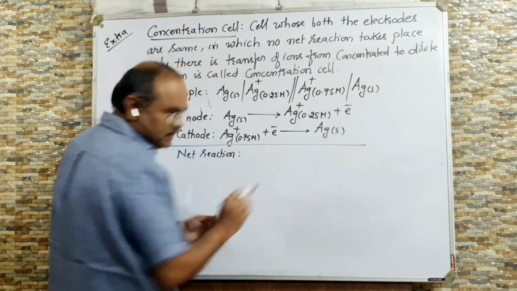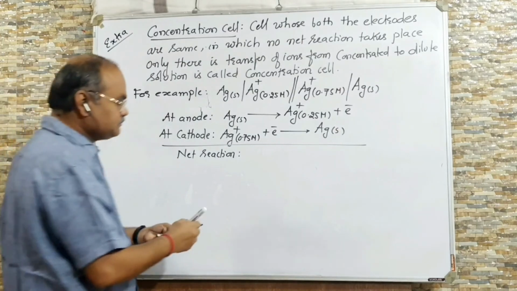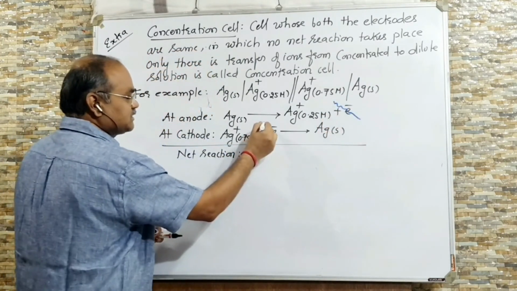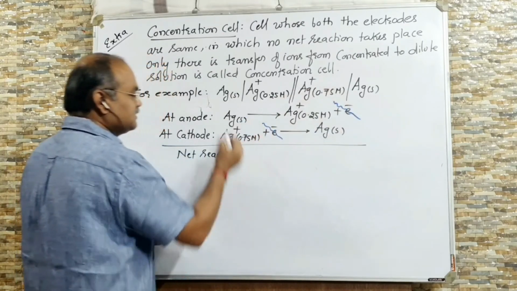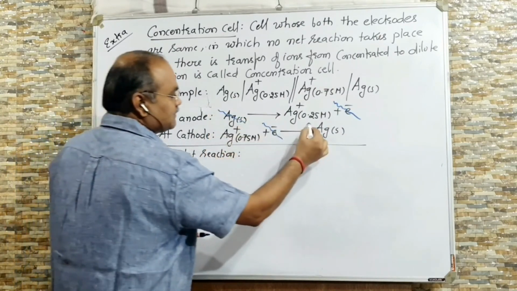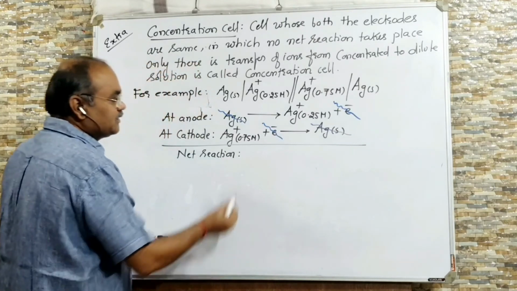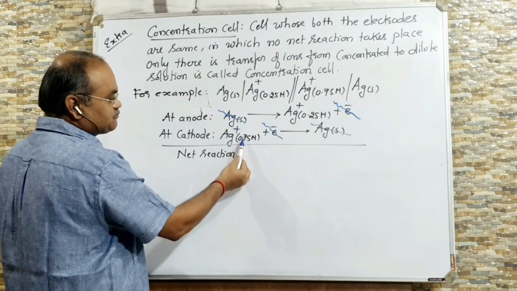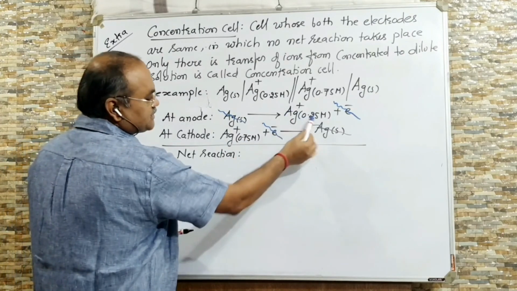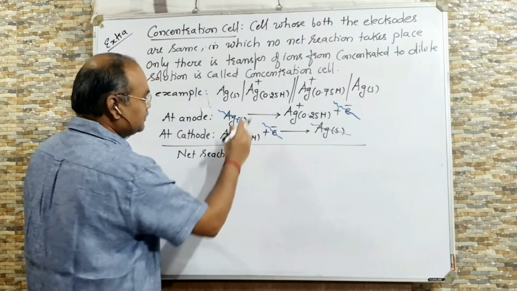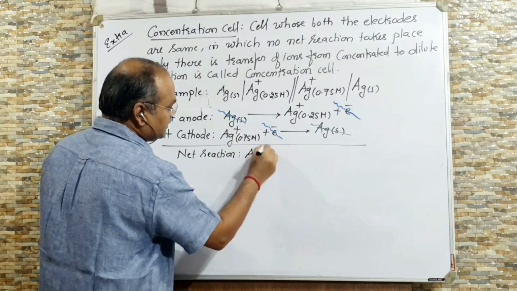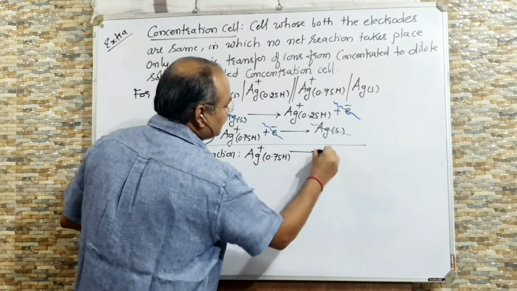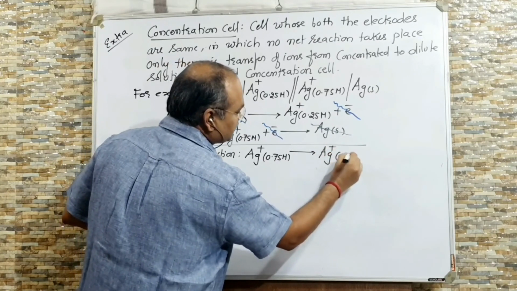See, electron is cancelled, one on left and right side. Silver solid is also cancelled. But here you cannot cancel Ag plus and Ag plus, because this Ag plus is 0.75 molar and this Ag plus is 0.25 molar. So here you can write Ag plus 0.75 molar will give you Ag plus only, but 0.25 molar.